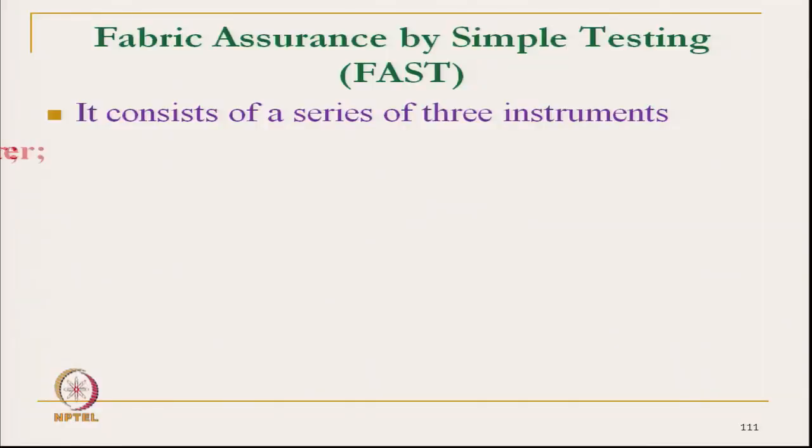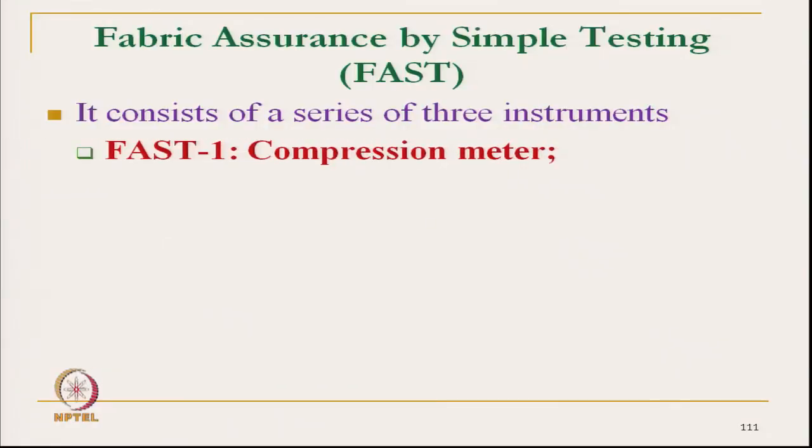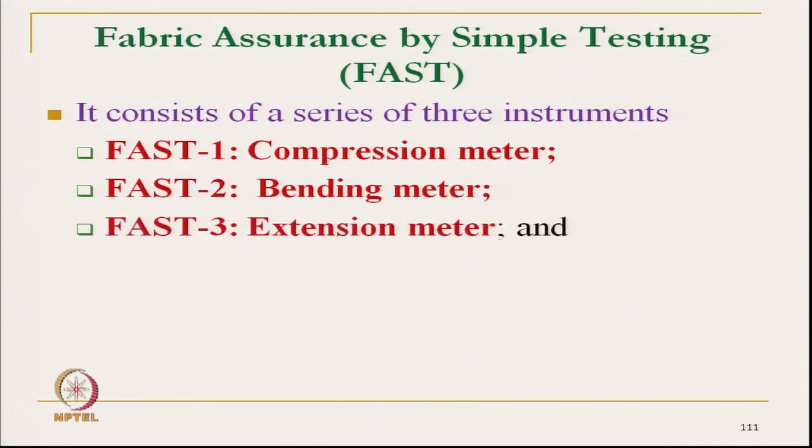So, FAST has 3 instruments. FAST 1 is the compression meter, FAST 2 is the bending meter, and FAST 3 is the extension meter.